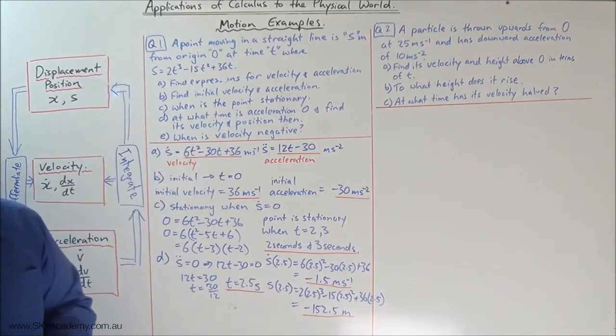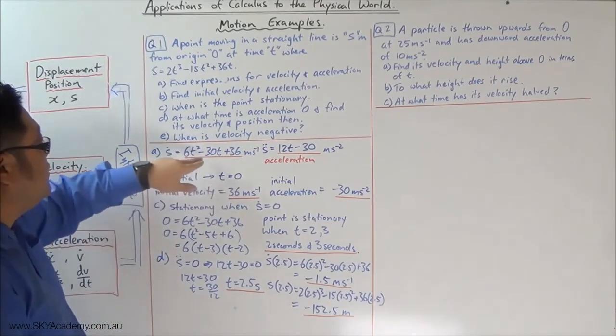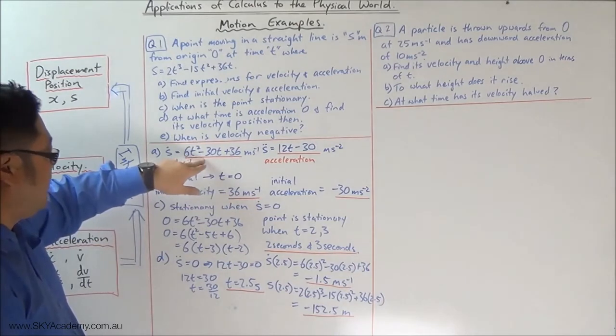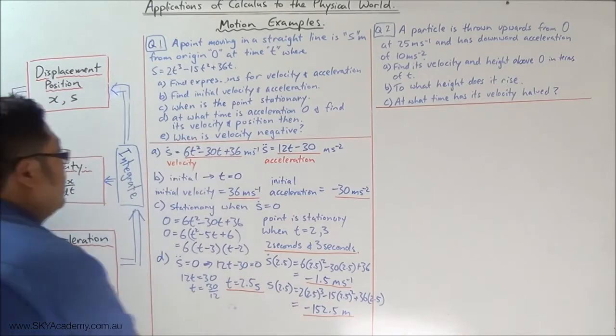Basically, what you've got to do is take the formula for velocity, which is that, and solve that quadratic as a quadratic inequality.